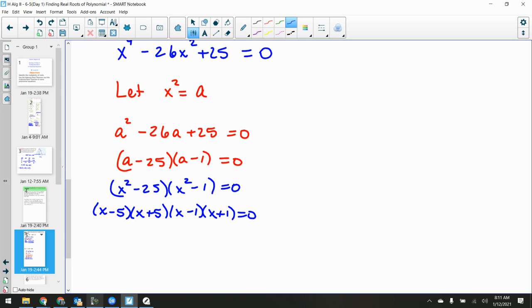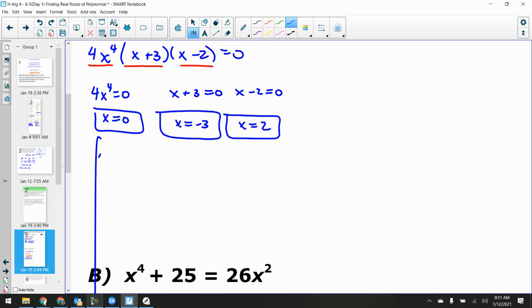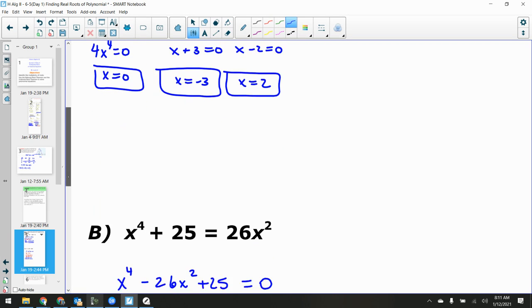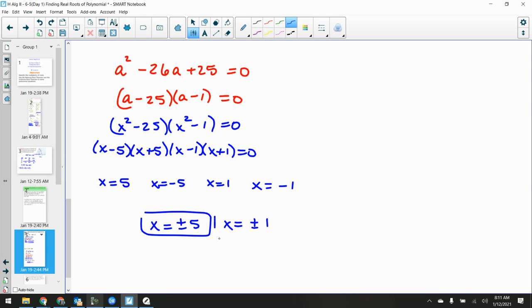We can set each little piece equal to 0. We can say that x equals 5, x equals negative 5, x equals 1, x equals negative 1. And if we'd like to, we could say plus or minus 5, plus or minus 1. Understand, again, there's technically 4 roots there when I write it like that.